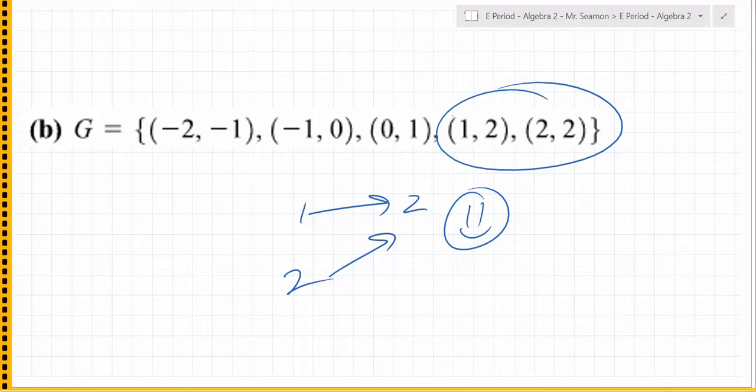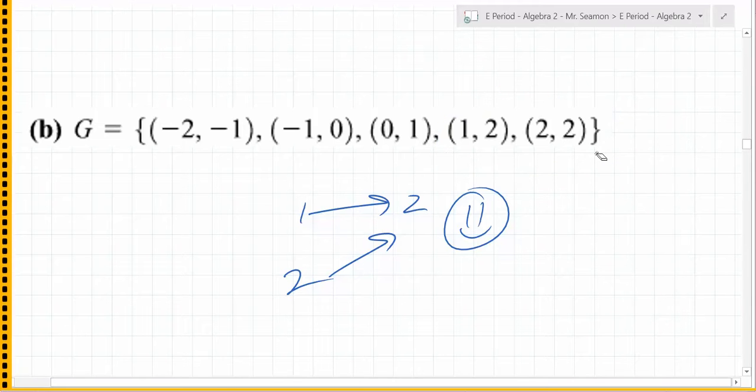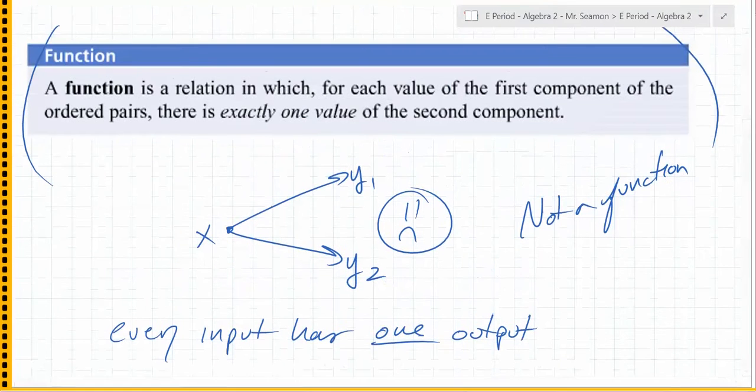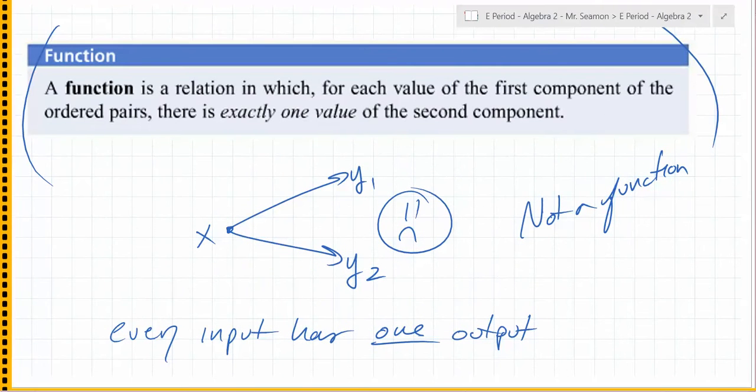X values, you can't have the same x values. Let me go back to here. Does everybody understand this picture right here? I need you to understand the rules right now, not why the rules are the way they are. I just need you to understand this rule. X can't go to more than one y value.